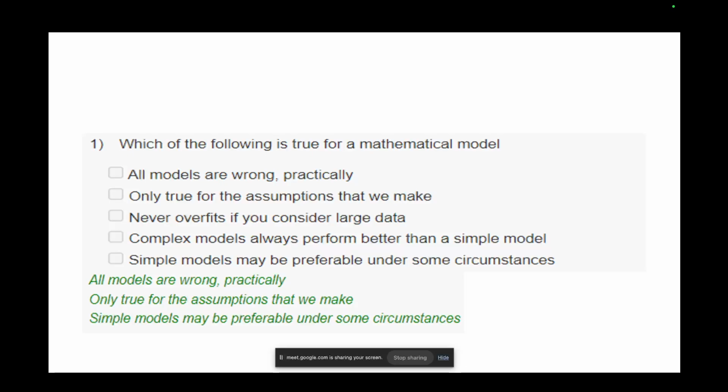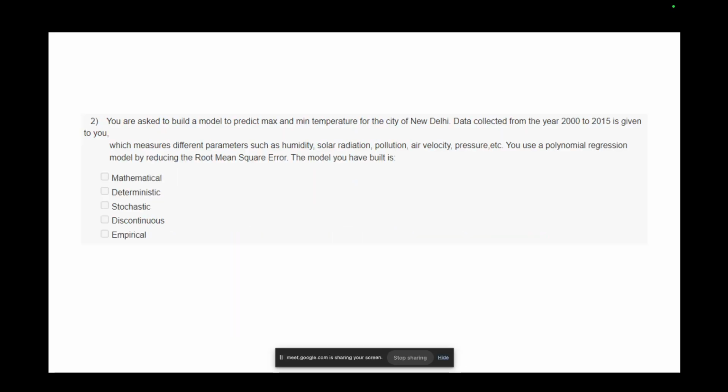If you look through the literature enough, there have been cases where complex models have not been able to explain certain behavior, whereas a simple model has. So there are nuances to this; I would not take it at face value. Simple models may be preferable under certain conditions. So yeah, moving on.